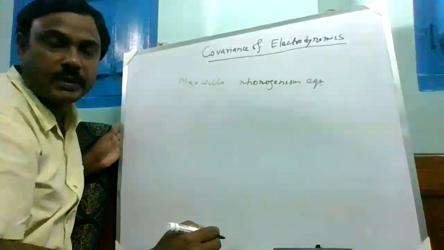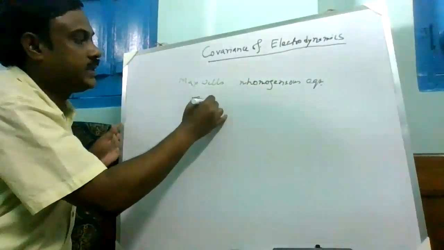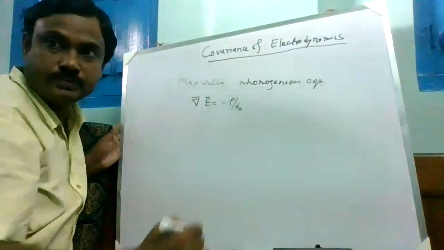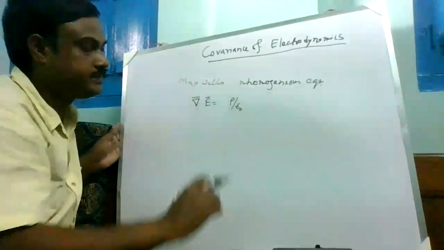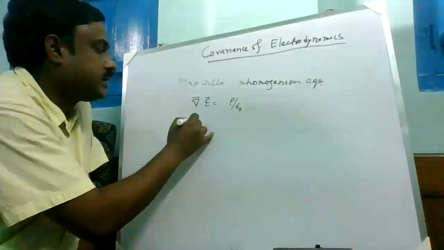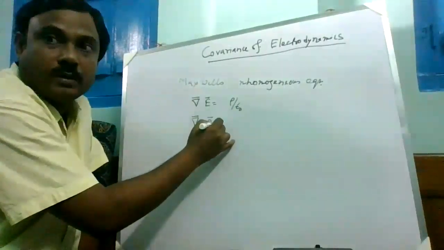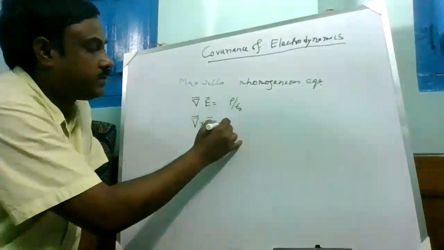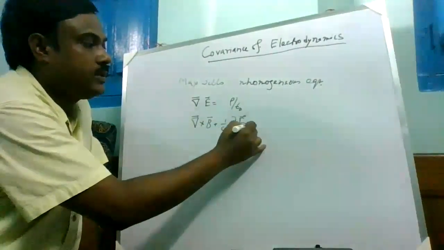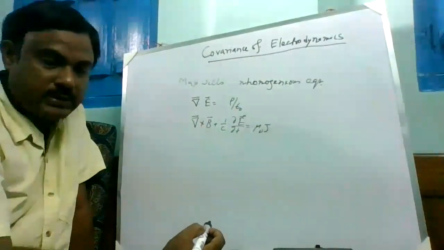These equations are, you know, Gauss's law of electrostatics, del dot E equals rho by epsilon 0, and another is del cross B plus 1 by c square del E by del t equals mu 0 J. These are the 2 inhomogeneous equations.